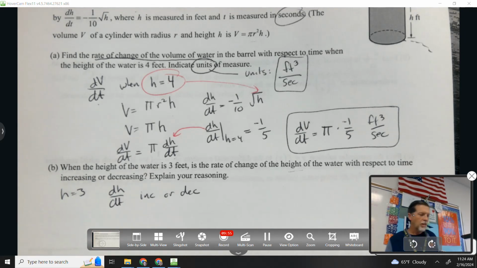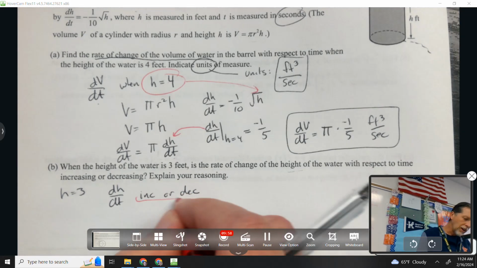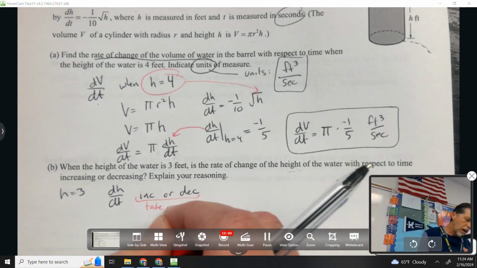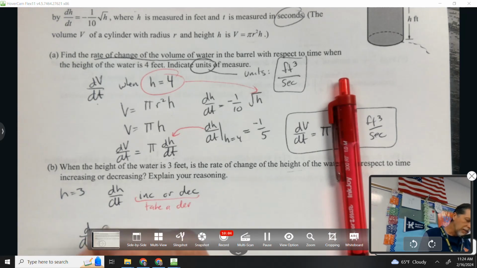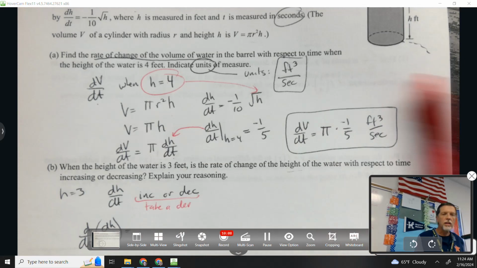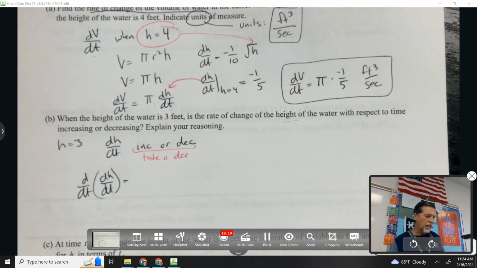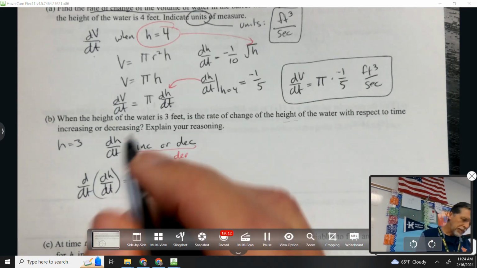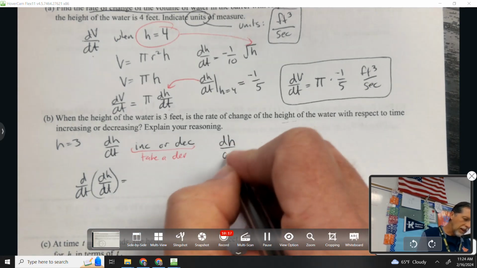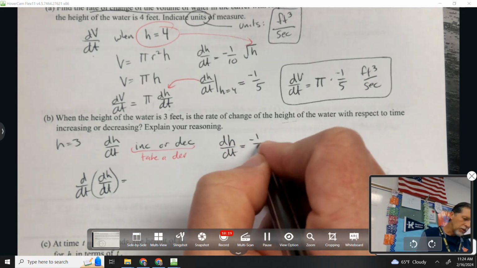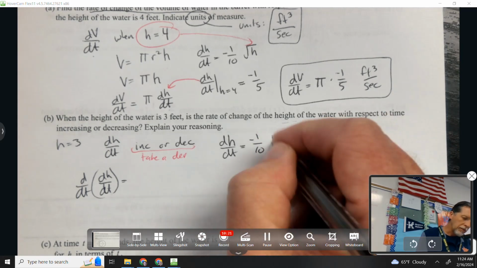So they're sneaking an extra derivative in here. I need to take the derivative of dH/dt. I'm going to rewrite what dH/dt is, and I'm not going to use the root thing. I'd rather write it as a power.